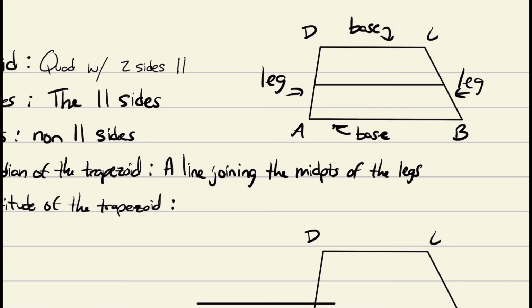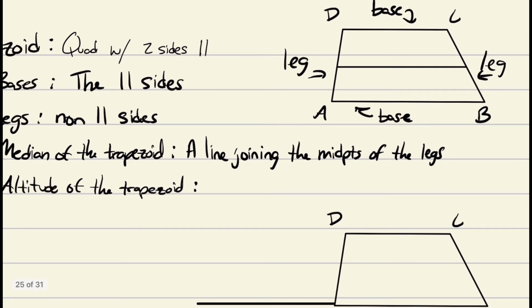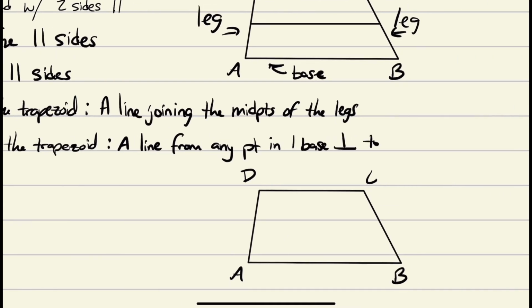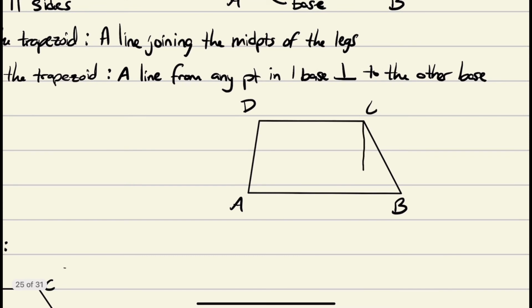An altitude of a trapezoid is a line from any point in one base perpendicular to the other base. Most of the time it's going to come from a vertex in one base and perpendicular to the other base, but for some odd reason you may at some point see a line coming from a different point in one base, and these have the same distances.